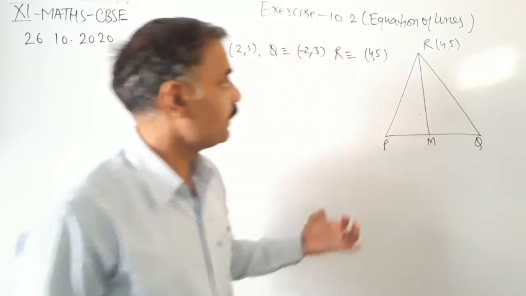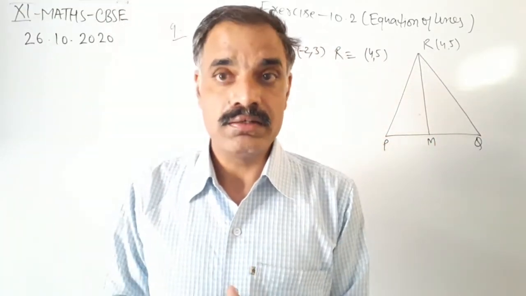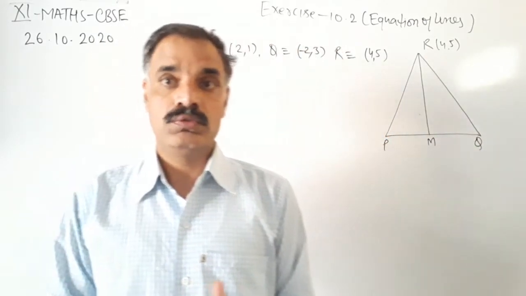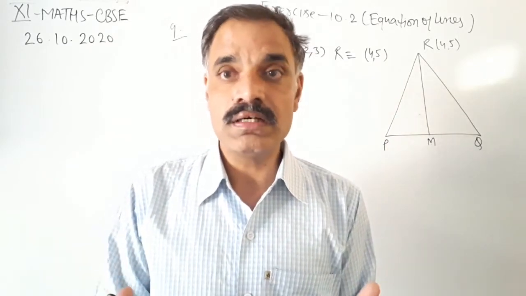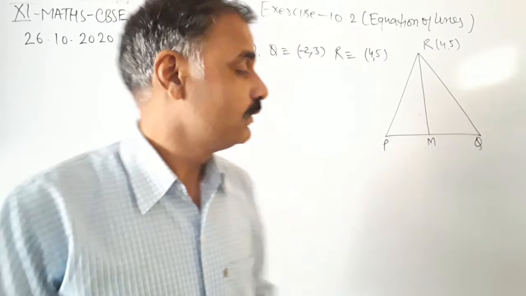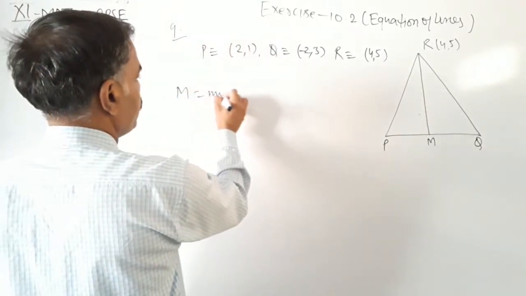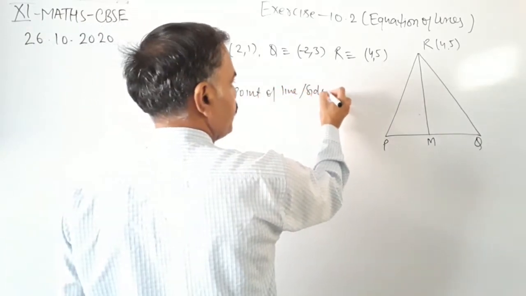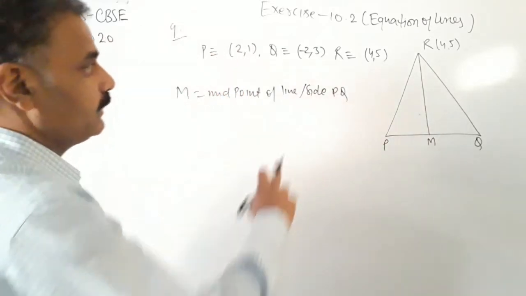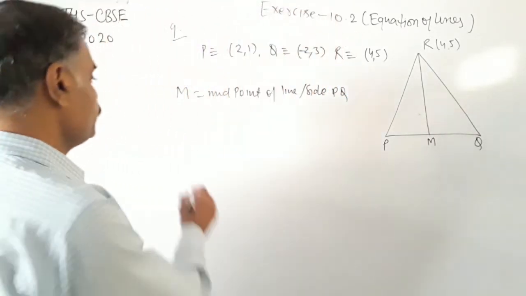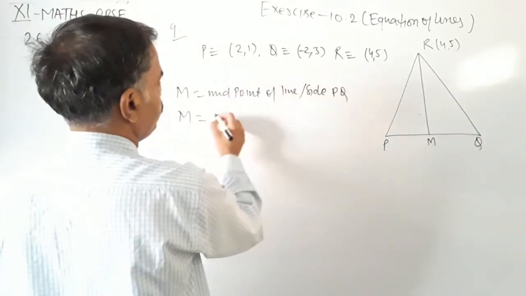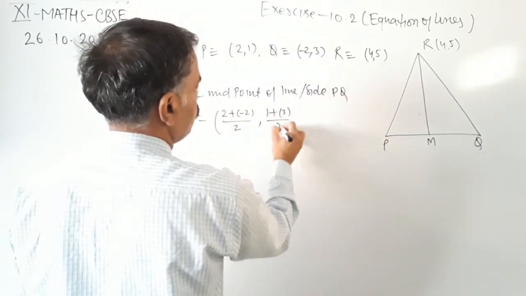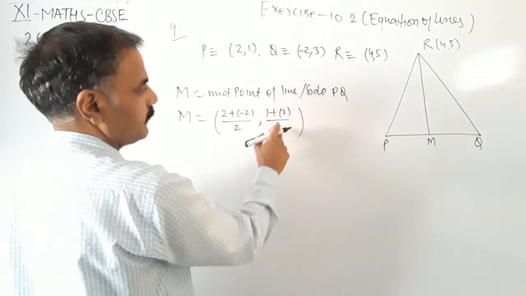Now how to find the coordinates of the point M? Median means point M is the midpoint of the side PQ. So we have to find the midpoint of PQ.